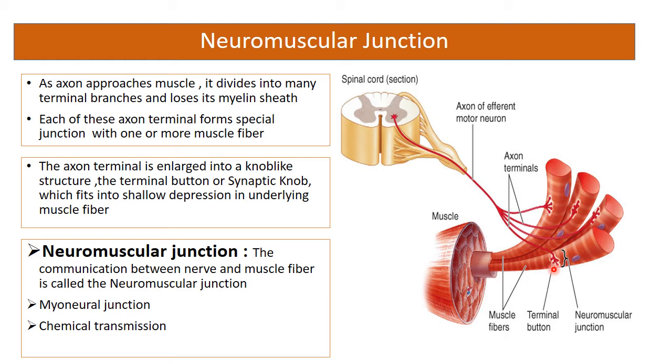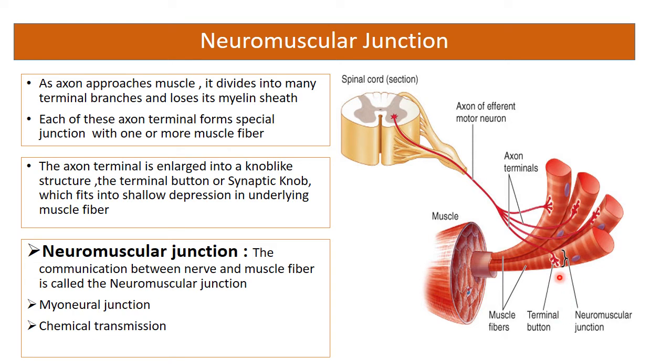and that contains a large number of vesicles of neurotransmitter acetylcholine. This terminal, or you can say the synaptic knob, fits into the shallow depression in underlying muscle fiber, and that makes a junction that is known as neuromuscular junction.